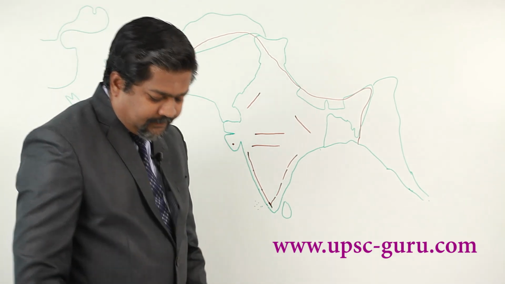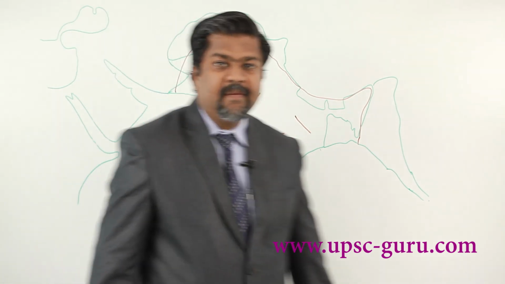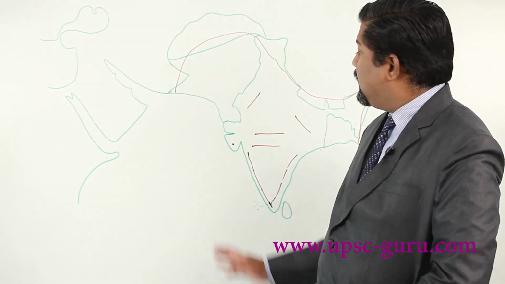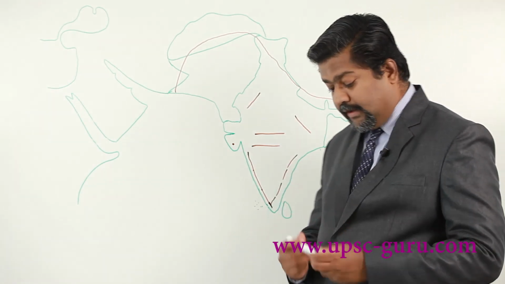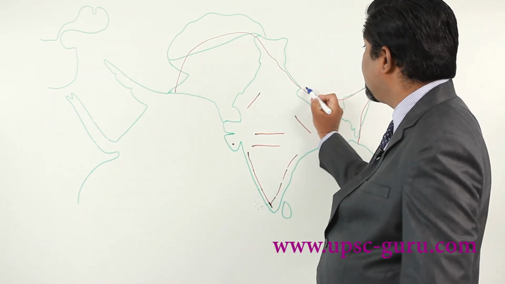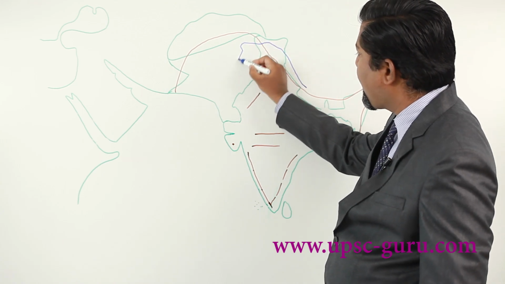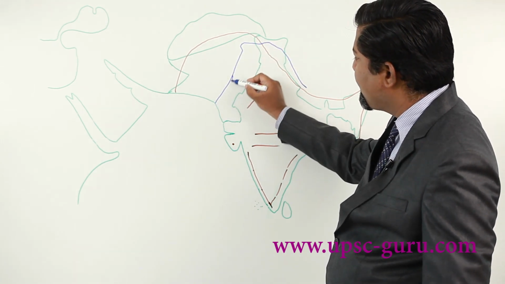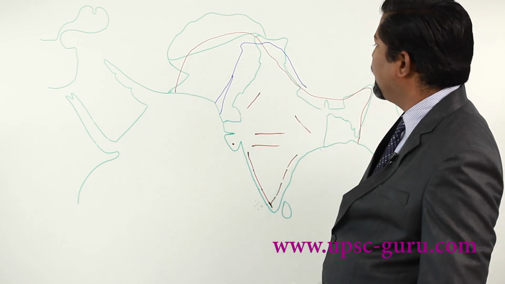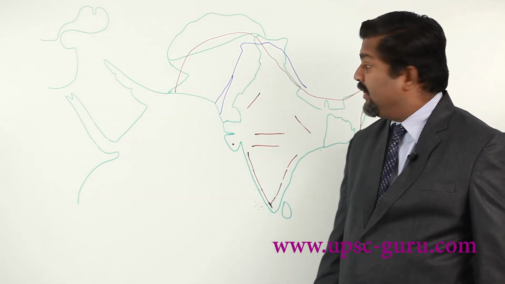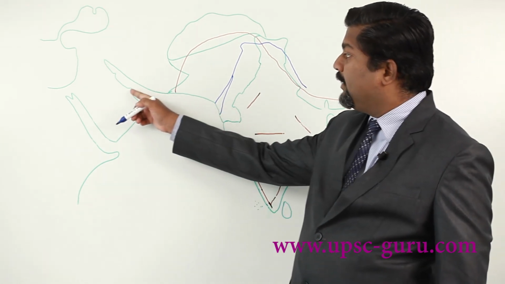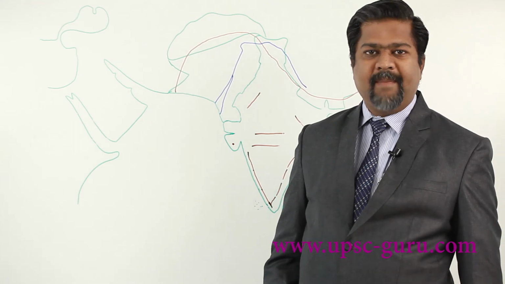Now here if you observe, after the death of Alexander, we have to show river Indus as we discussed earlier. So this is river Indus. Alexander the Great returned from this river Indus and ultimately died at Babylon.